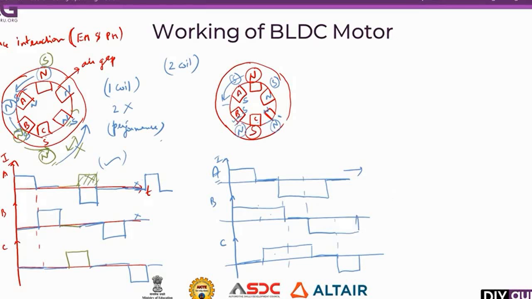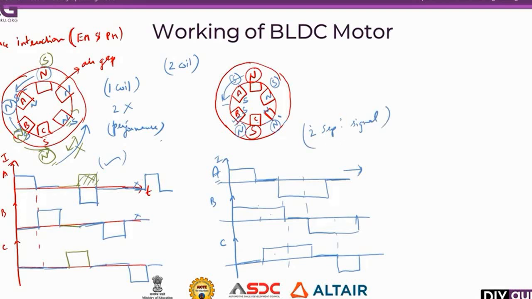See, in this case, two coils are energized, so the performance is slightly improved when compared to the previous case. But there is a drawback in this also, because we have to give two separate signals to energize two coils. Two signals are required to energize each coil.